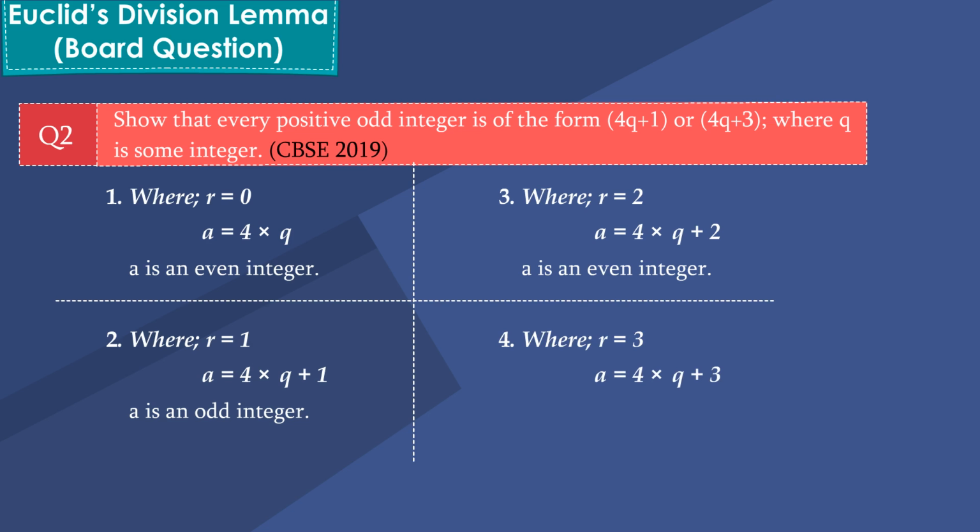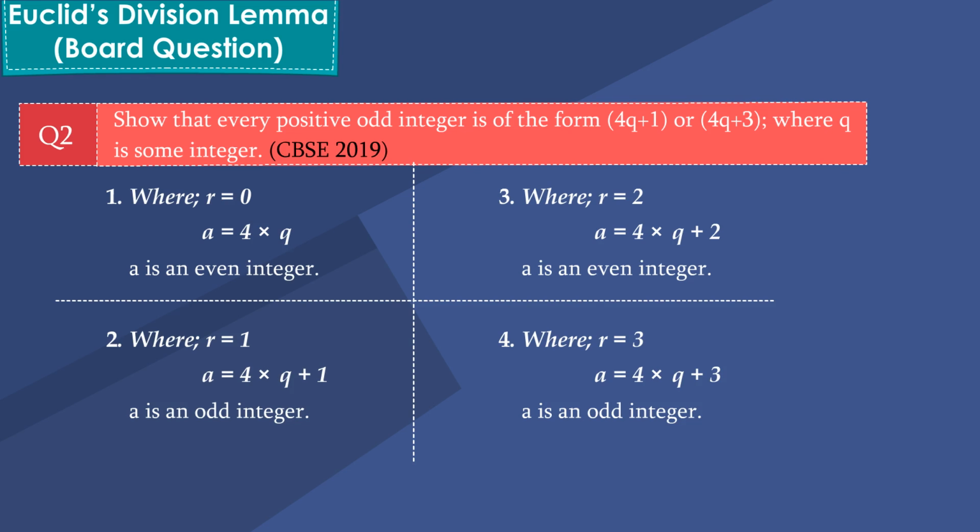Here, since 4q plus 3 is odd, a is an odd integer. From the above 4 scenarios, we can conclude that every positive odd integer is of the form 4q plus 1 or 4q plus 3. Hence, proved.